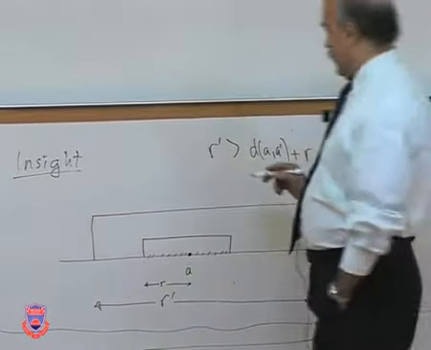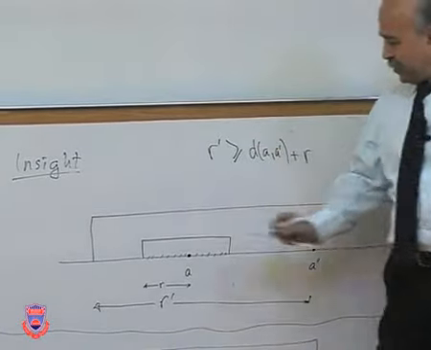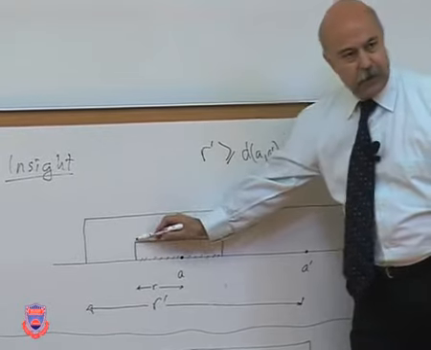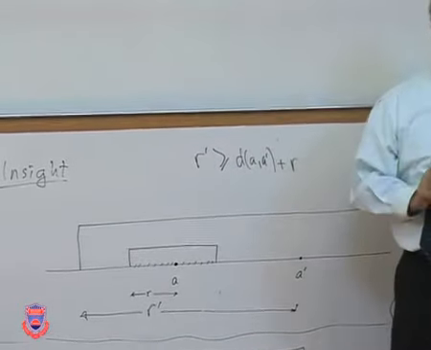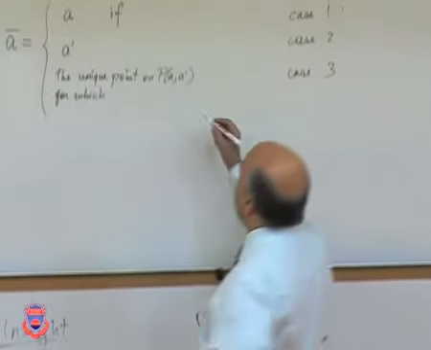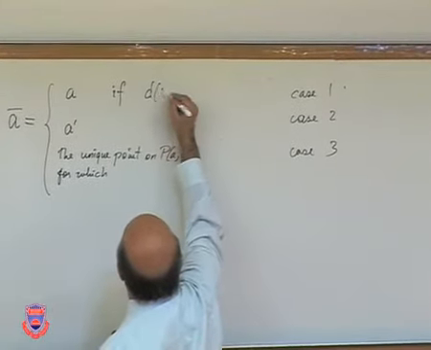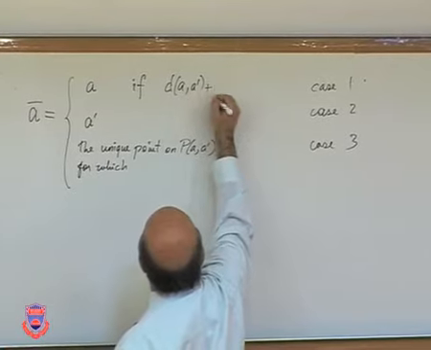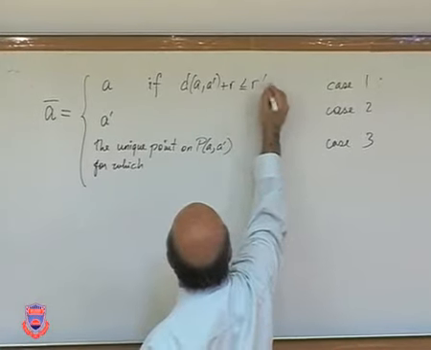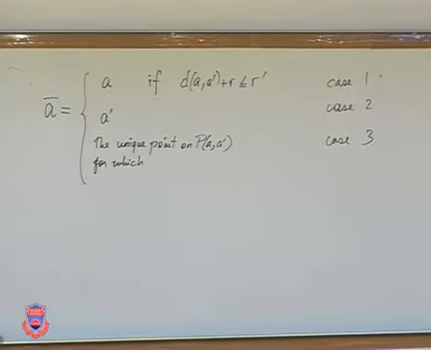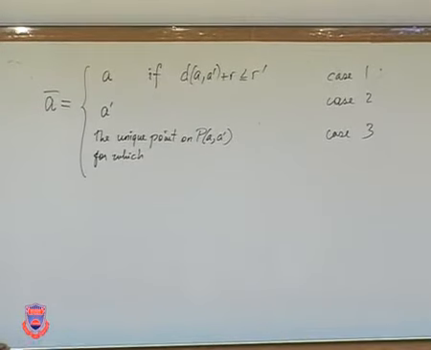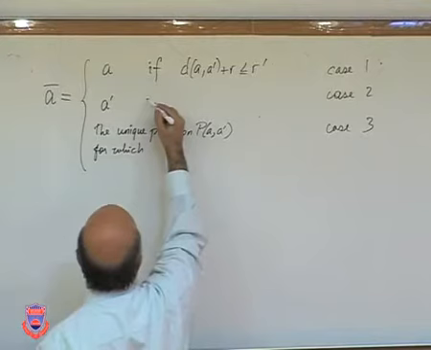All right. But you could also have equality. In other words, it may just reach that point, and still your A will be the correct point. Okay. So if the distance between A and A prime plus R is less or equal R prime. Okay? That's the first case. The second case is symmetric.